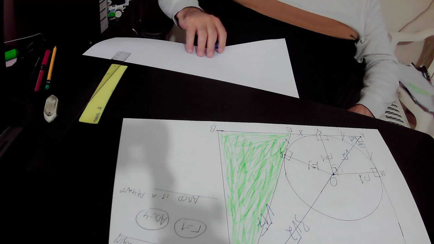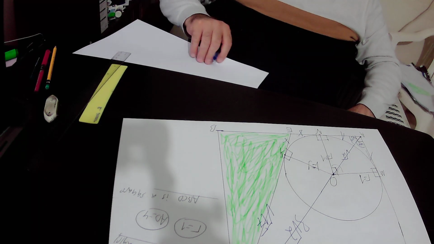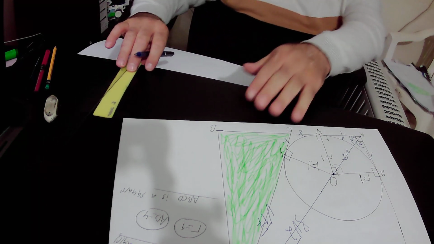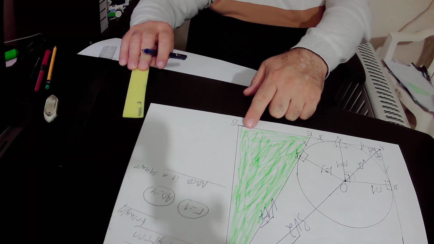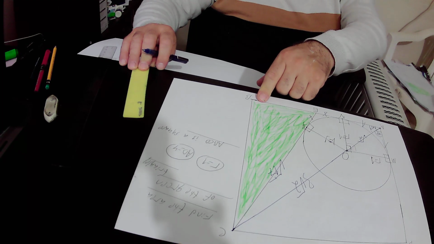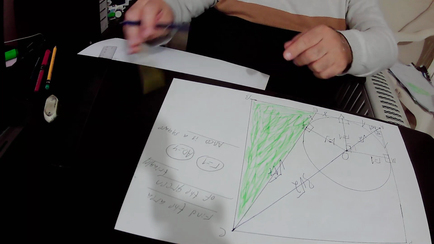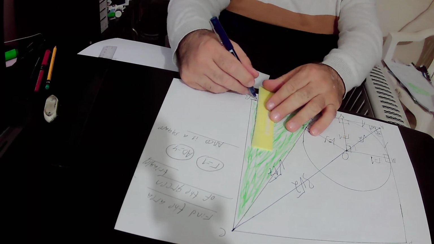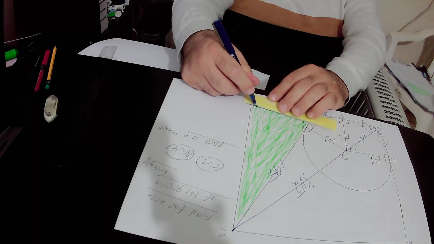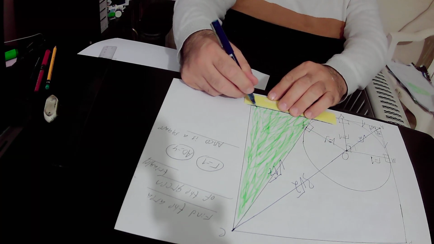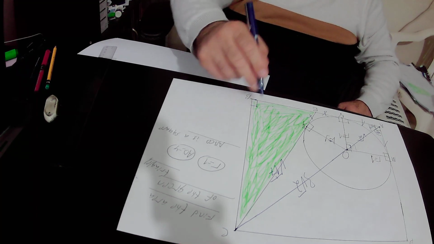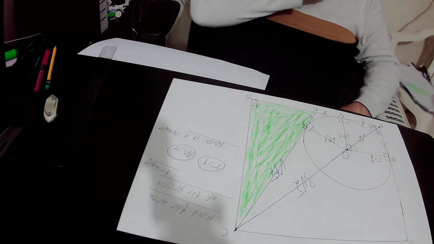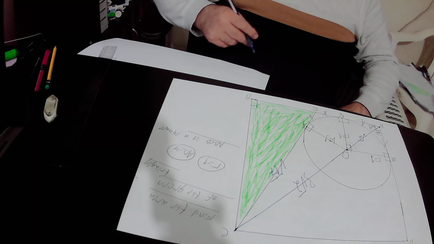So this angle is a right angle because it is one out of four angles of square ABCD, therefore it equals 90 degrees. If this angle ABC equals 90 degrees, then the green triangle is a right triangle.